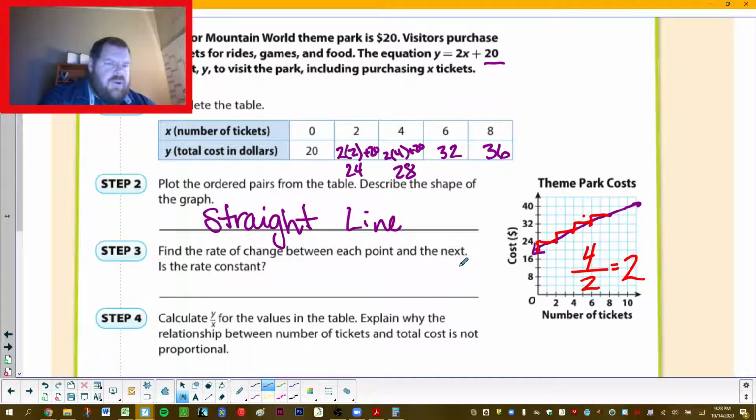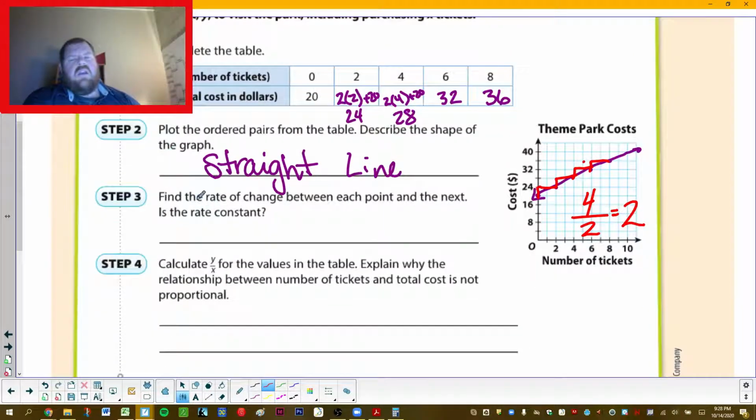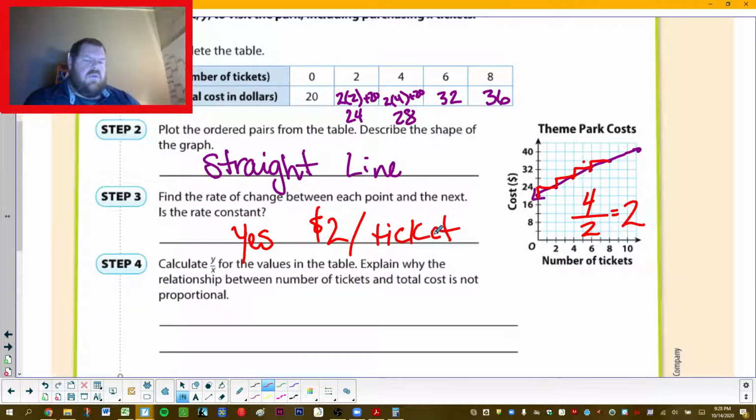Now again, on the graph, it's showing go up 1 line and over 2 lines, because of the scale that they have this graph set at. But it is a constant rate of change. Yes, it's constant. And what this rate is saying is that the cost is $2 per ticket, which, believe it or not, we already knew.